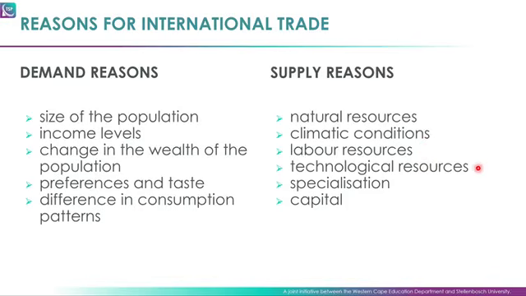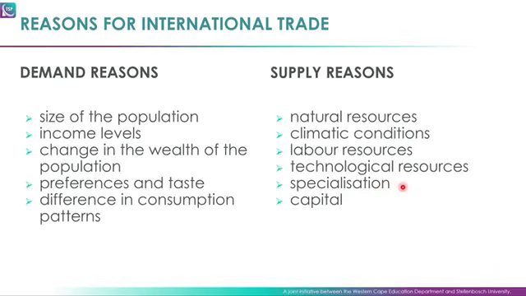Technological resources, the people with access to technology. And then specialization as a result of those highly skilled labor, of having access to technology. Some people can produce things much cheaper, so therefore they specialize, and here you have to make mention of the fact that they can take advantage of the economies of scale.